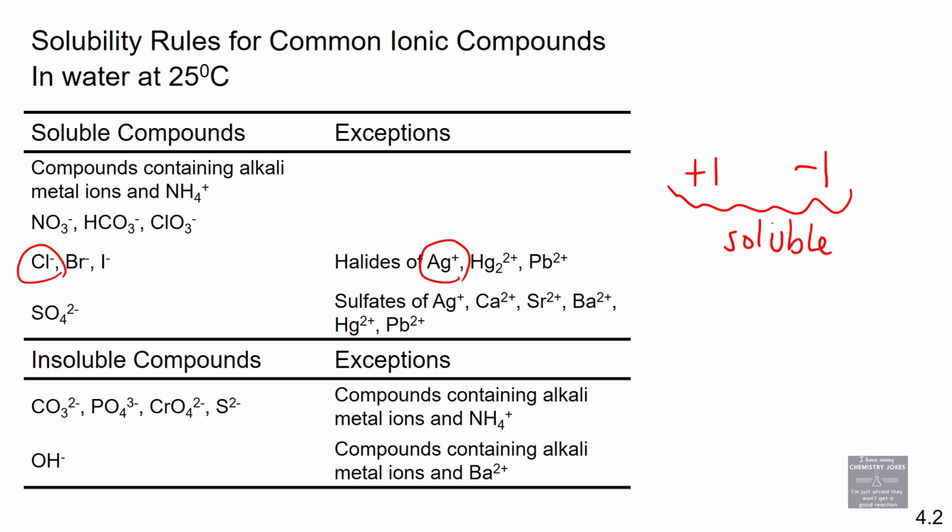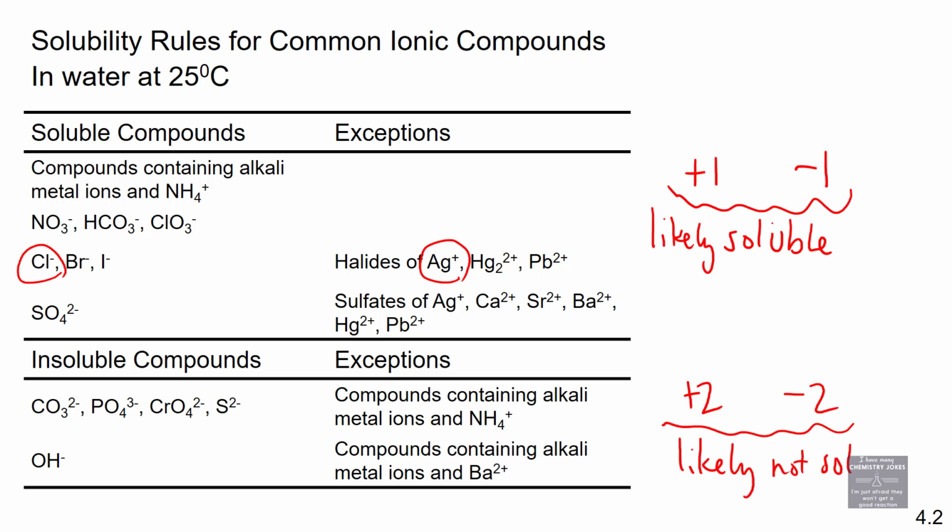But it's very likely soluble when you have a +1 hooking up with a -1. If you have a +2 hooking up with a -2, it's very likely not soluble, also known as insoluble.